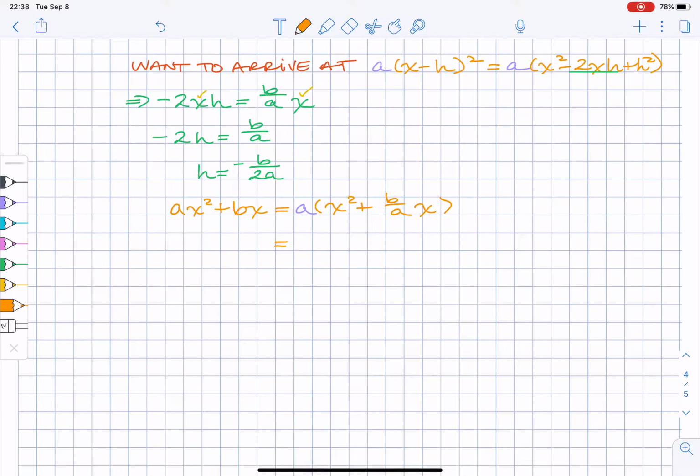I know that b over a is already negative 2h. So x squared plus b over a x plus h squared. But whatever I add to one side of an equation, I have to subtract out. So if I were to distribute, I would actually be adding ah squared. So I need to subtract ah squared, so I'm not doing anything. Technically, I'm just adding 0.